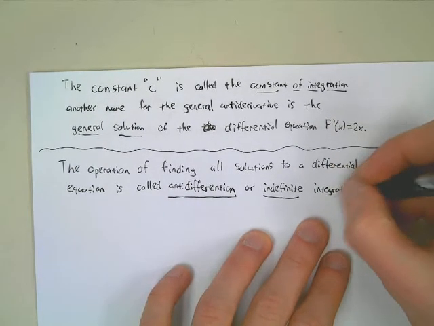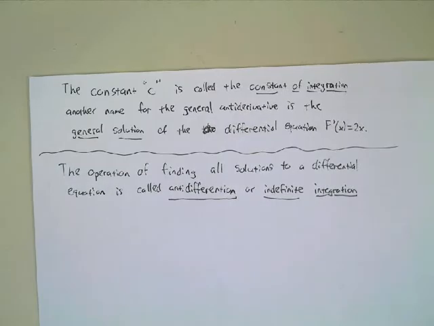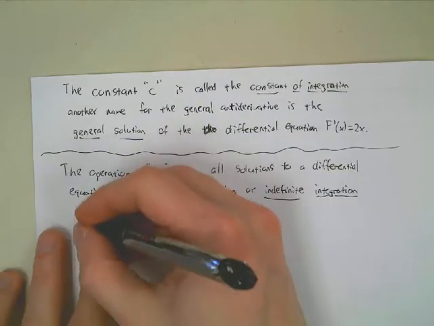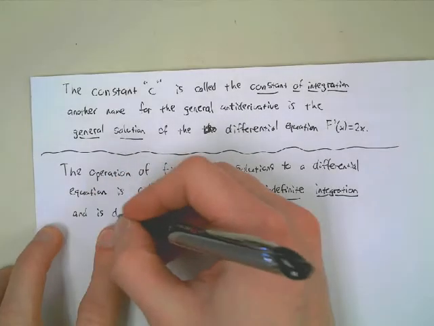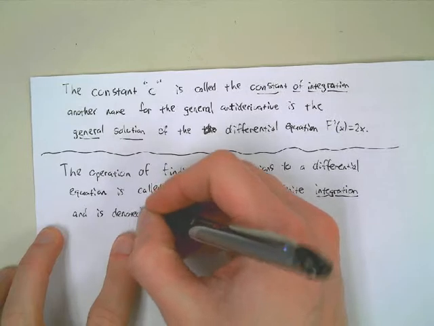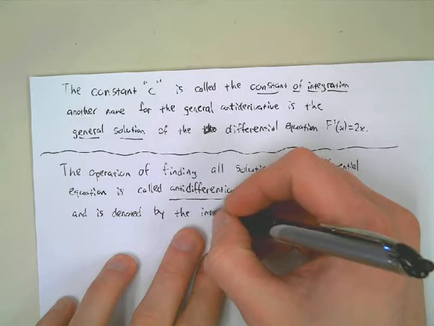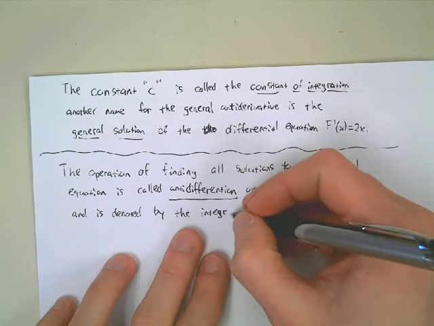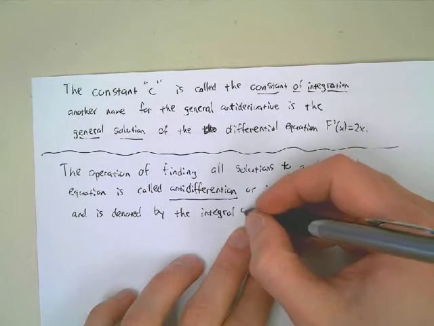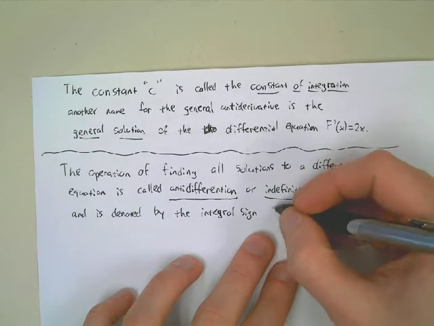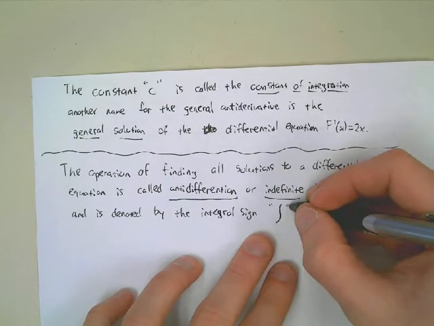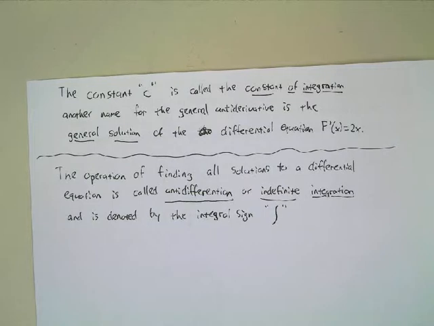So antidifferentiation, indefinite integration, same thing, and is denoted by the integral sign, which is the weird S thing. Okay, and it looks like this. It looks like something on a piece of music.